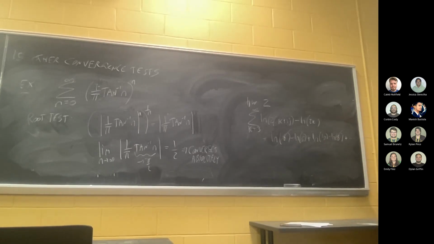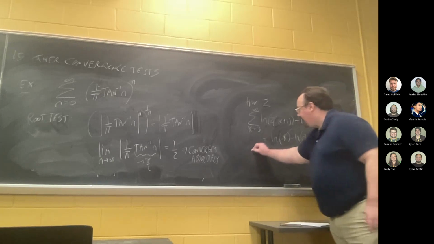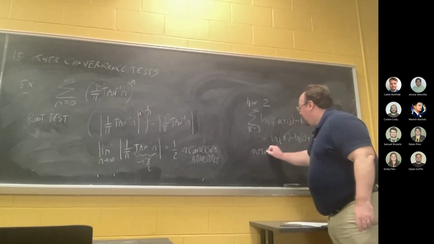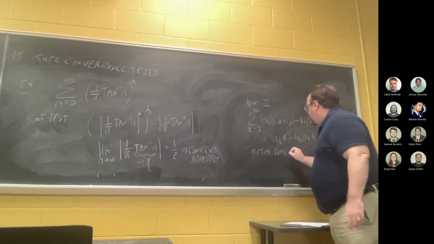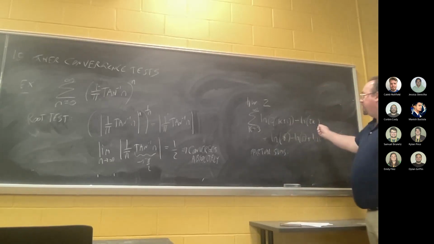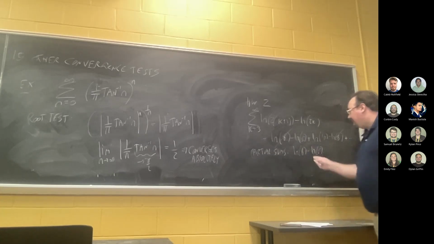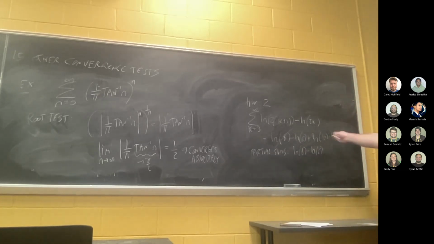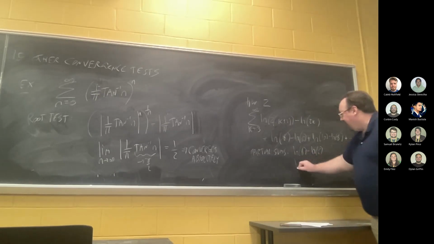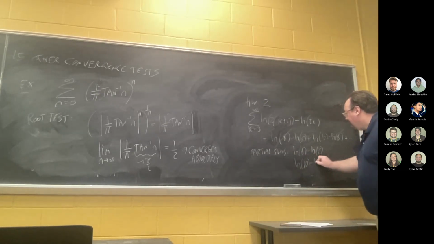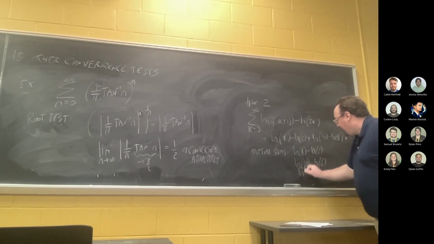But if you think what that means for a partial sum, if you just take one term, you have ln 8 minus ln 6. By throwing in the second term, the next one will be ln 10 minus ln 6, and then ln 12 minus ln 6.